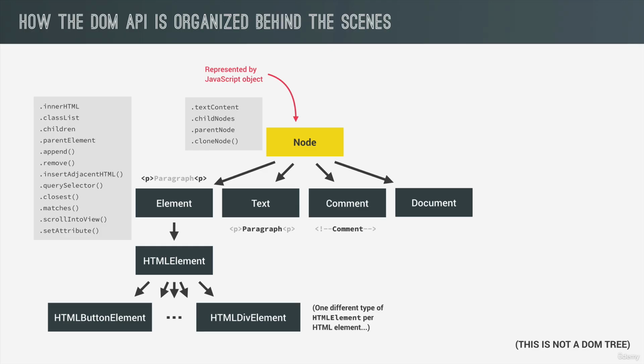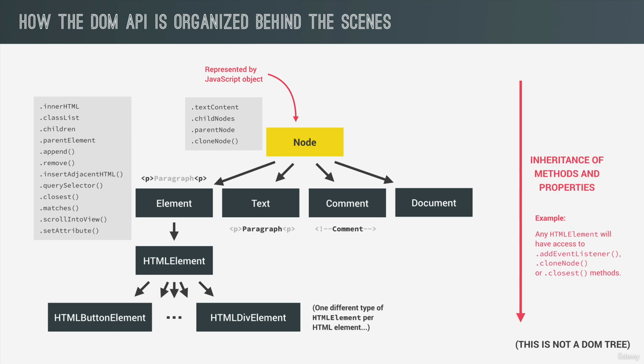Because what makes all of this work is something called inheritance. So what is inheritance? Well, inheritance means that all the child types will also get access to the methods and properties of all their parent node types. For example, an HTML element will get access to everything from the element type, like innerHTML or classList or all these other methods and properties.